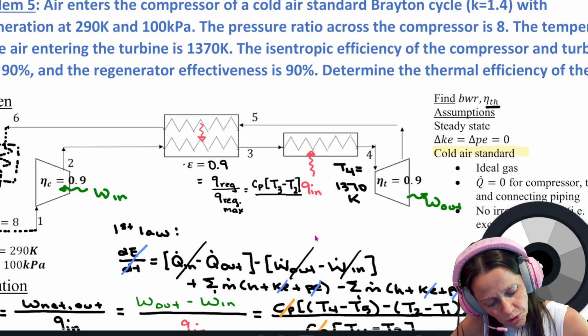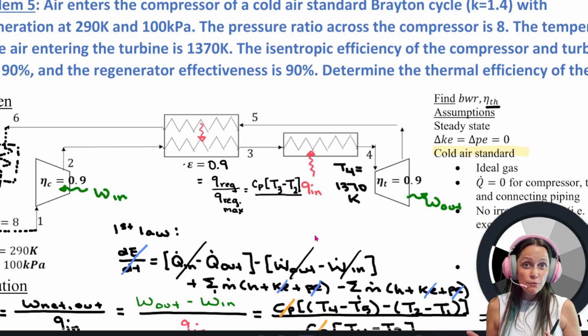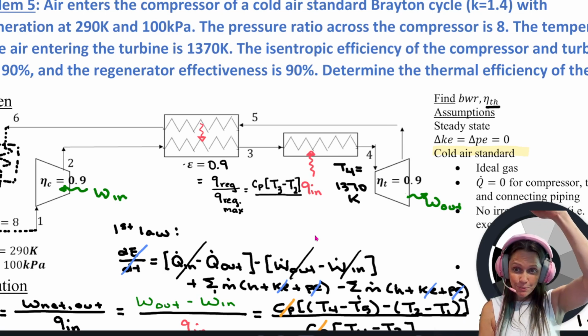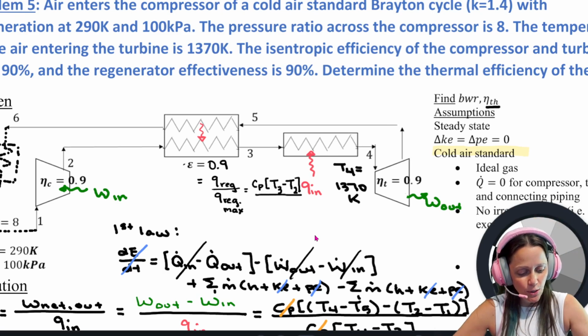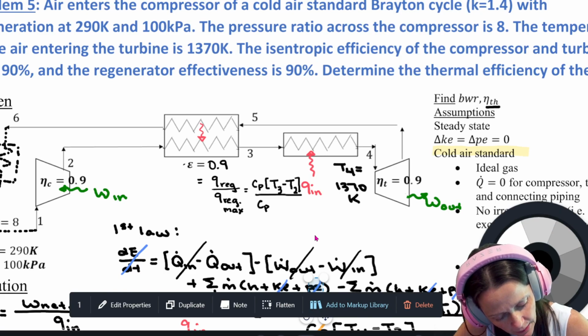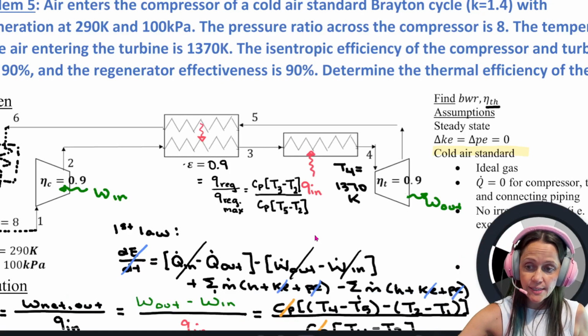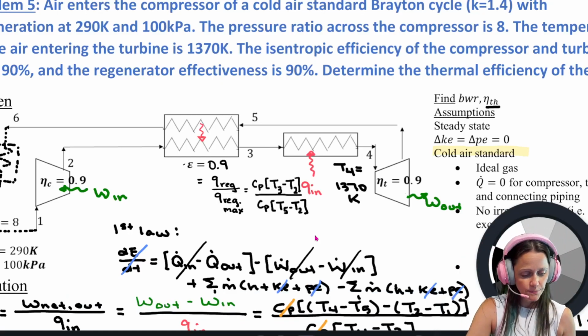And then my Q regen max would be if by the time your working fluid flowed from state 2 to state 3, it had heated all the way up to the same temperature as T5. So CP times T5 minus T2. And so that's the equation that I'm going to use there.